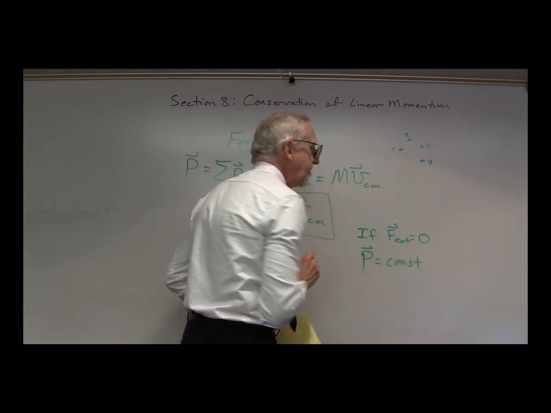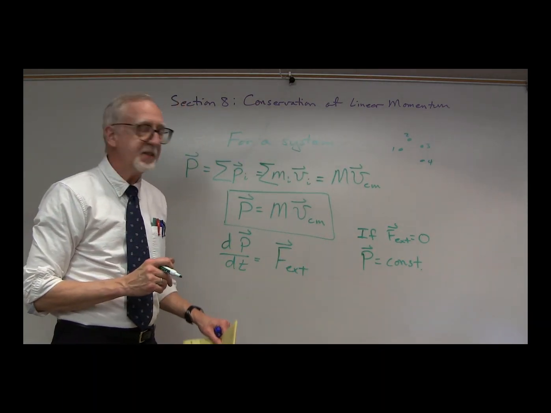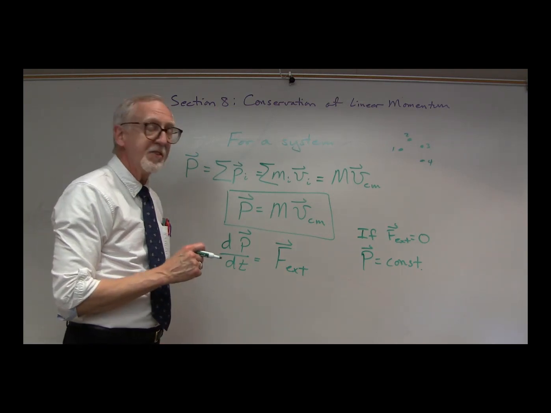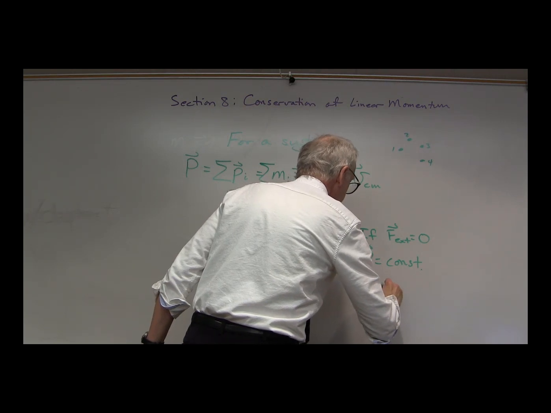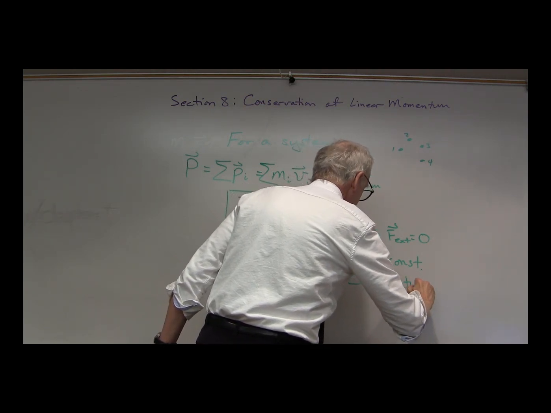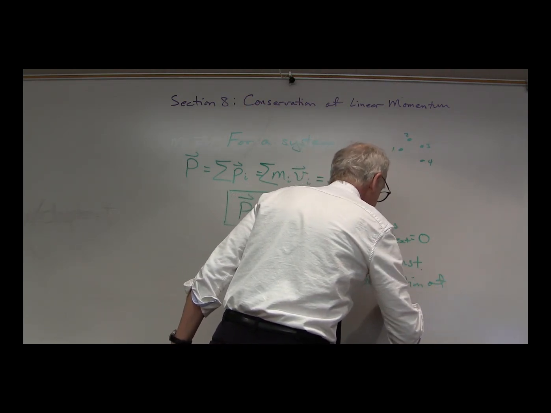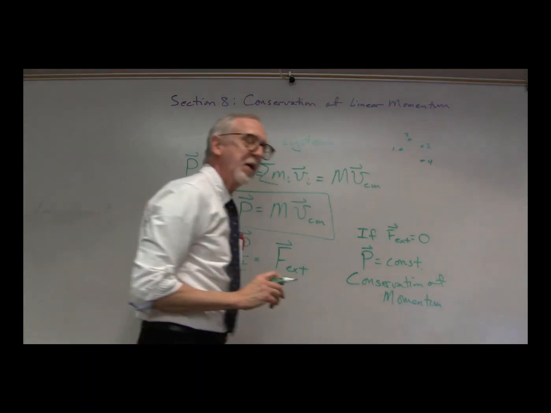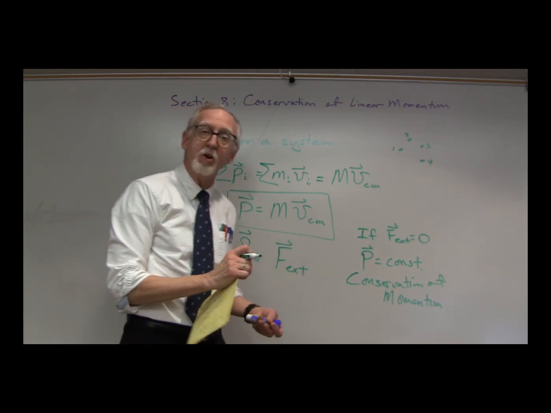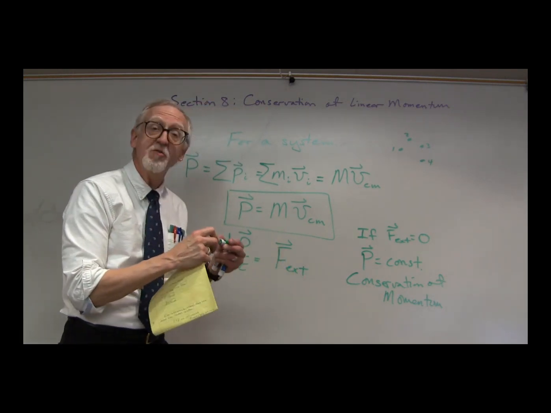In other words, the momentum of the center of mass is constant. That is a very amazing result. This is the conservation of momentum. So, like we saw the conservation of energy earlier, this is the conservation of momentum.